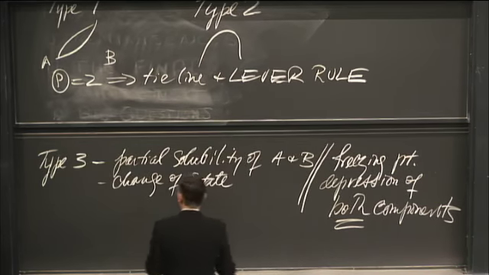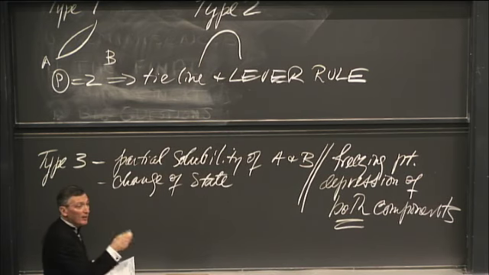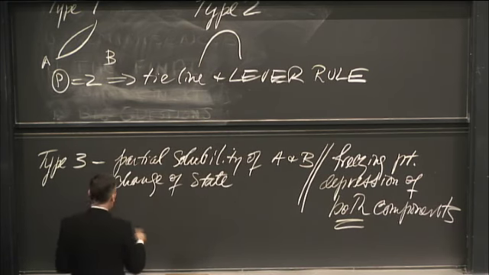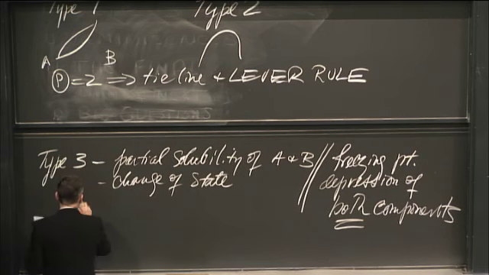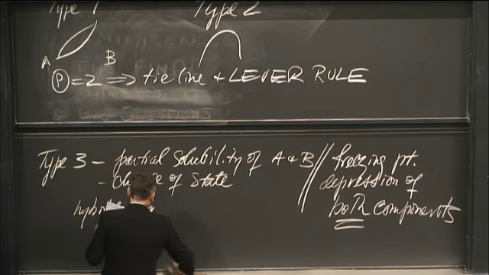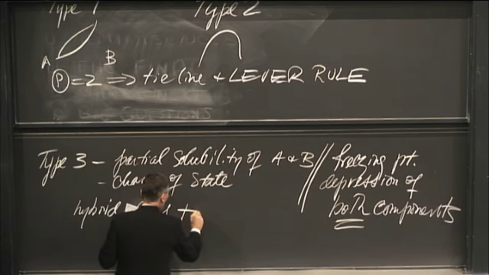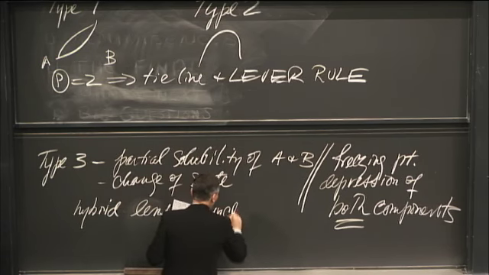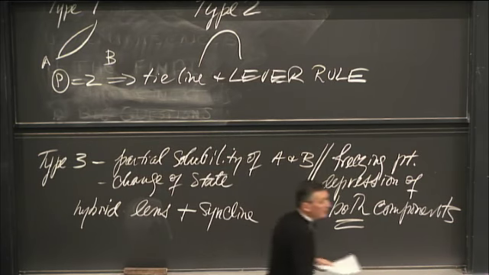And actually, I'm going to approach this by a hybridization of sorts. So I'm going to consider type 3 a hybrid. It's a hybrid diagram of the lens and the syncline. I'm going to blend the lens and the syncline and show you how to do that.